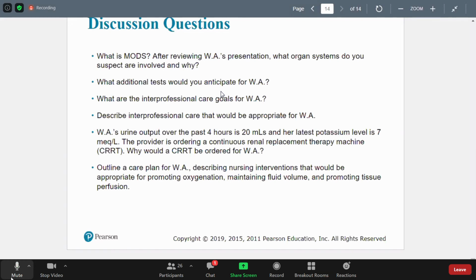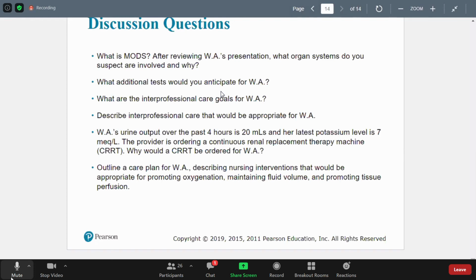Lasix. She is in shock, right? Yeah. If you give diuretics, what will happen? She'll bottom out. So you cannot give diuretics for bringing down the potassium. It will basically constrict. Will it be addressed with her dialysis? It is fixed, right?